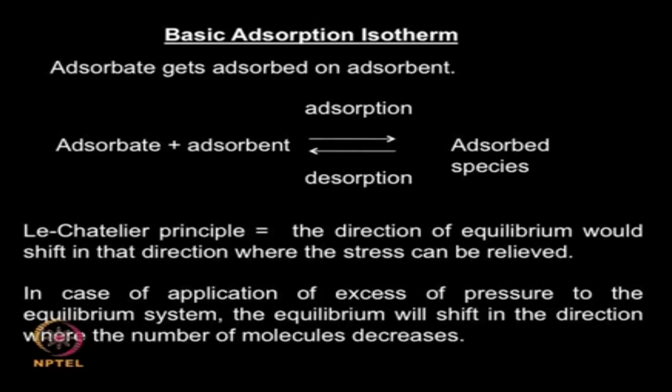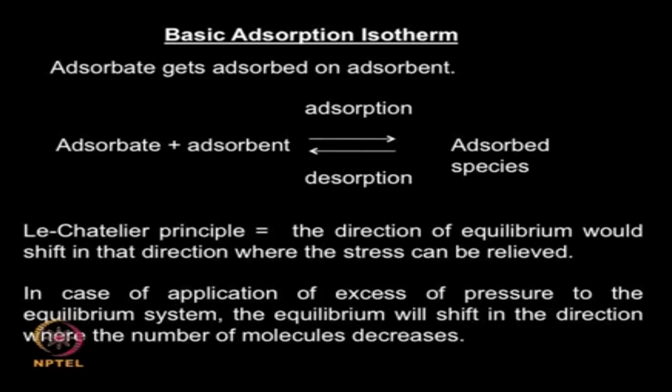So if you put excess pressure on the equilibrium system, the equilibrium system will shift so that the number of molecules decreases. For example, if I take adsorbate and adsorbent, if you assume this as one molecule and another molecule, and you end up with one particular species, the adsorbed species. So if you are starting from 2 molecules ending up with one complex species, there is a decrease in the number of molecules.